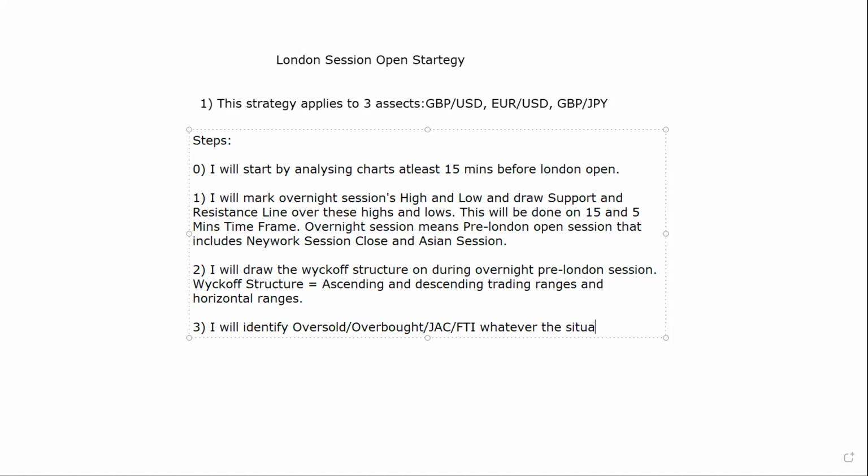Depending on the situation, maybe we will see JAC, maybe we will see FTI, oversold or overbought. Got it? The main goal is to identify the bias of the London trading session. Bias here can be of 2 forms: bearish or bullish, whatever the case is.